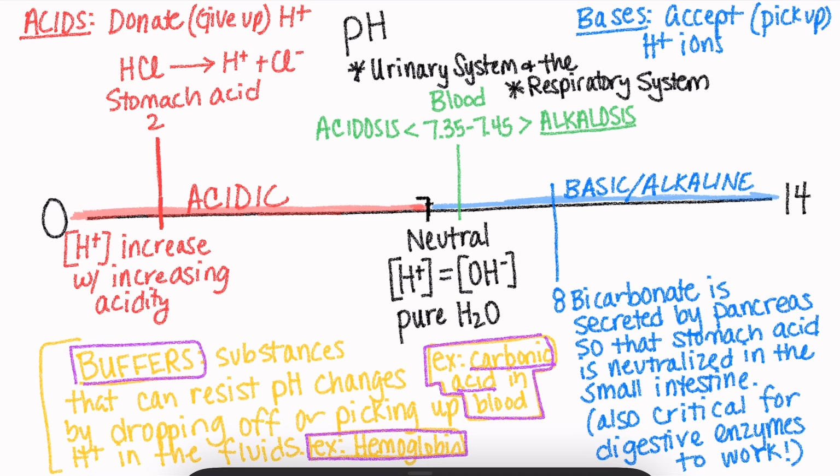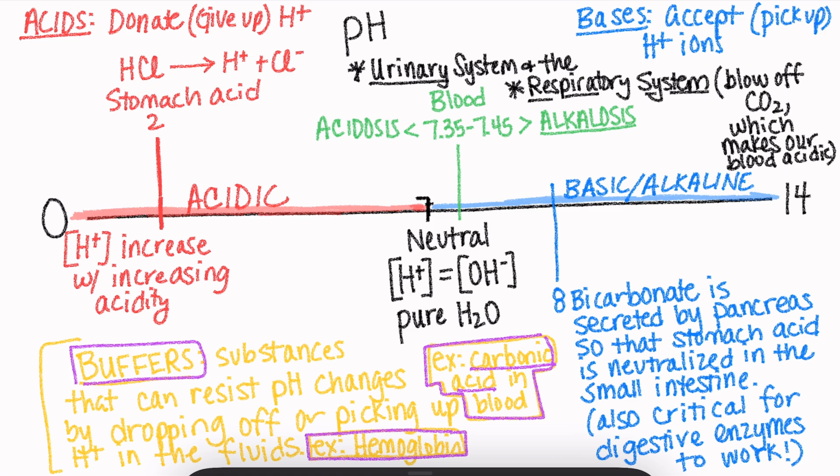So, respiratory system, when we breathe, we can blow off carbon dioxide, which makes our blood acidic. So, that's what our respiratory system can do. And then our urinary system can pee out excess hydrogens or retain them if needed. So we have two body systems that are very good at helping to make sure we keep our pH in balance.